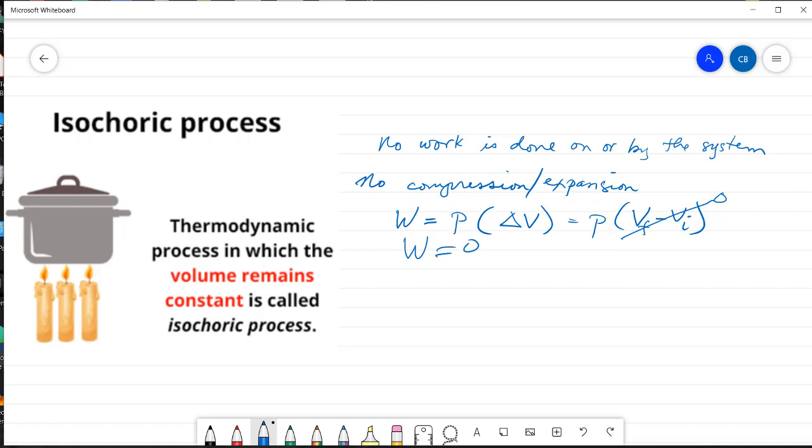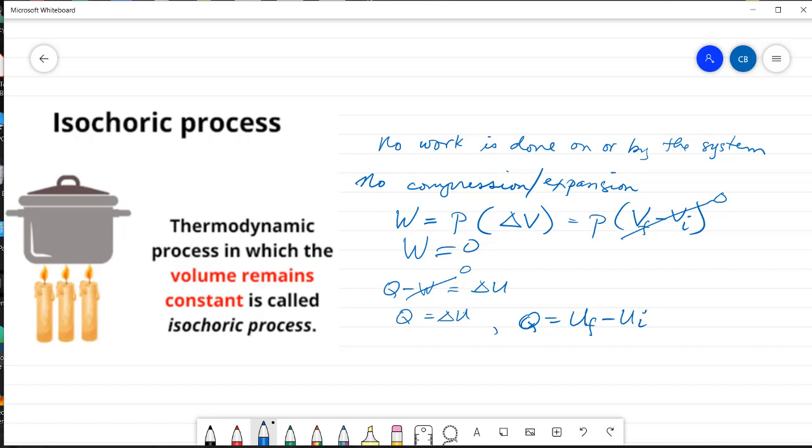Our first law becomes Q minus W equals delta U. If work is 0, then Q is simply delta U, or Q is equal to U final minus U initial.